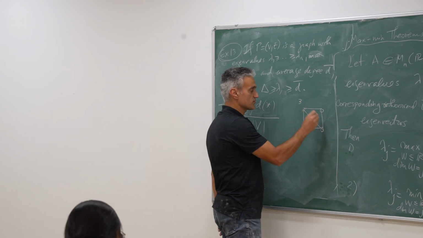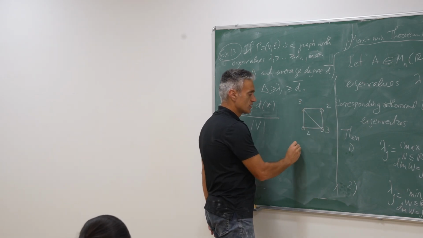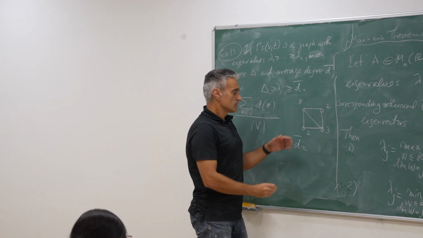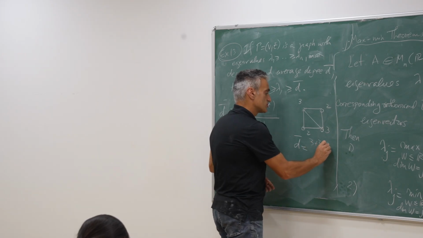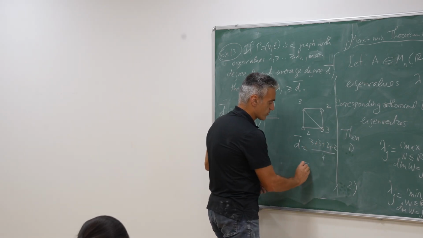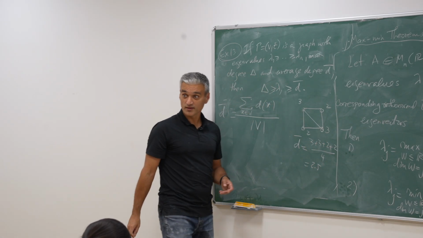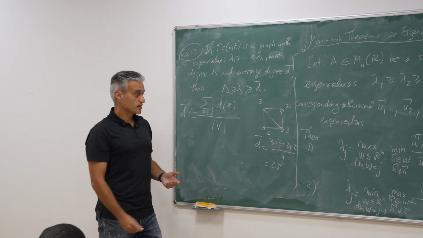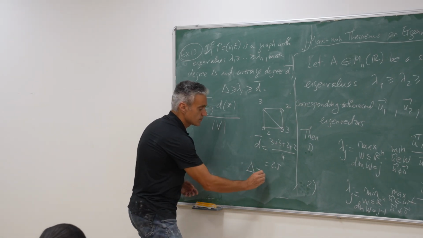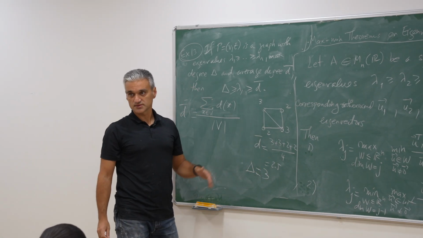So here you have degree 3, 3, 2, 2. The average degree here, 3 plus 3 plus 2 plus 2 divided by 4 is 2.5. And the maximum degree is obviously 3.